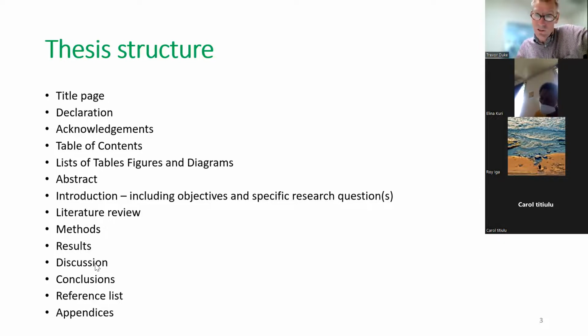In the discussion, you don't introduce any new results. You can discuss your results. You can say what they mean in the context of the overall question, in the context of research that's been done by other people in other environments. Sometimes you'll highlight the gaps in your research, or the limitations of your research, or the strengths of your research.